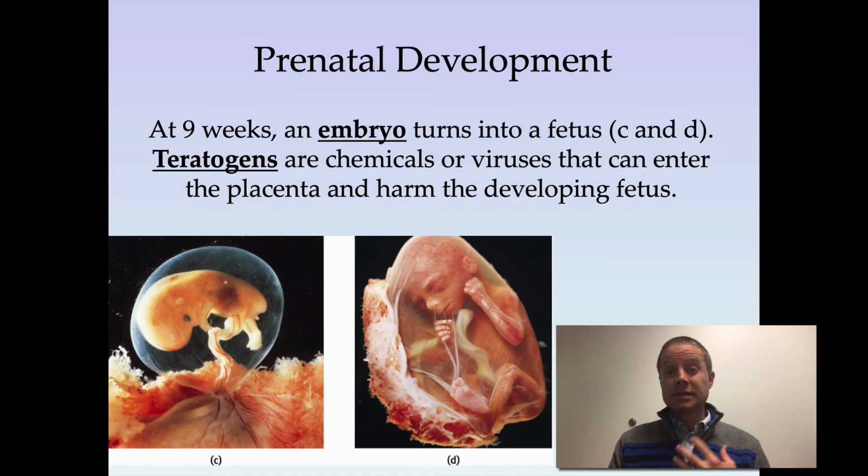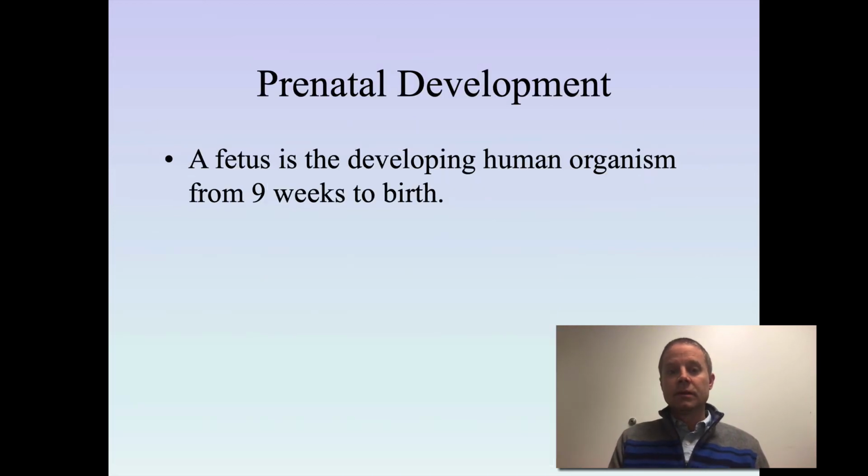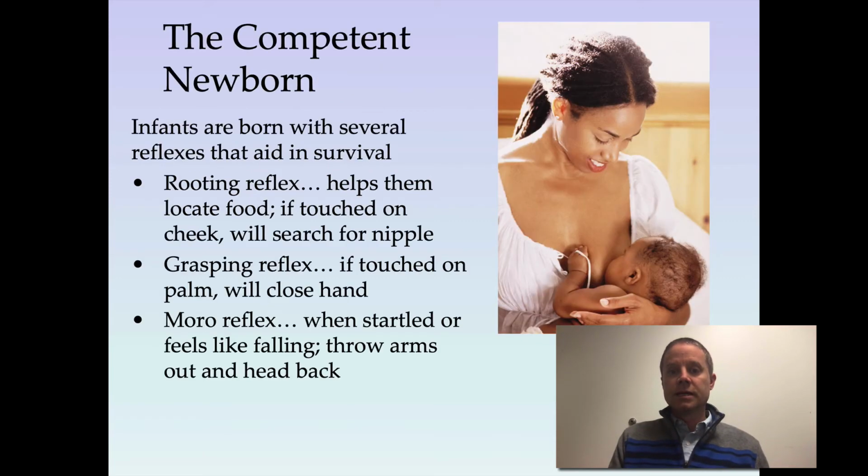If the mother drinks excessively, it can lead to fetal alcohol syndrome, which is a serious developmental disability where the child can have birth and brain defects and be cognitively impaired their whole lives, depending on the severity of it. Okay, prenatal fetus is 9 weeks to 9 months, like I said.